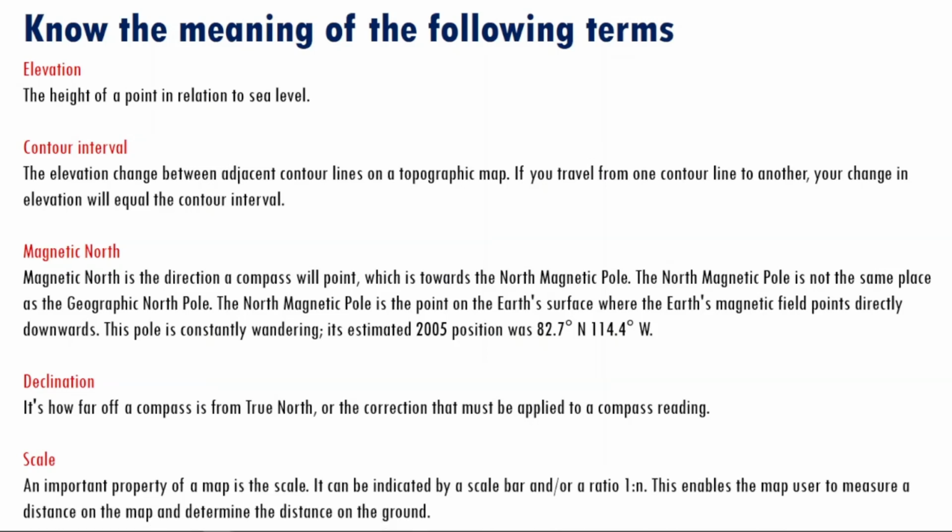Scale. An important property of a map is the scale. It can be indicated by a scale bar and/or a ratio 1:n. This enables the map user to measure a distance on the map and determine the distance on the ground.